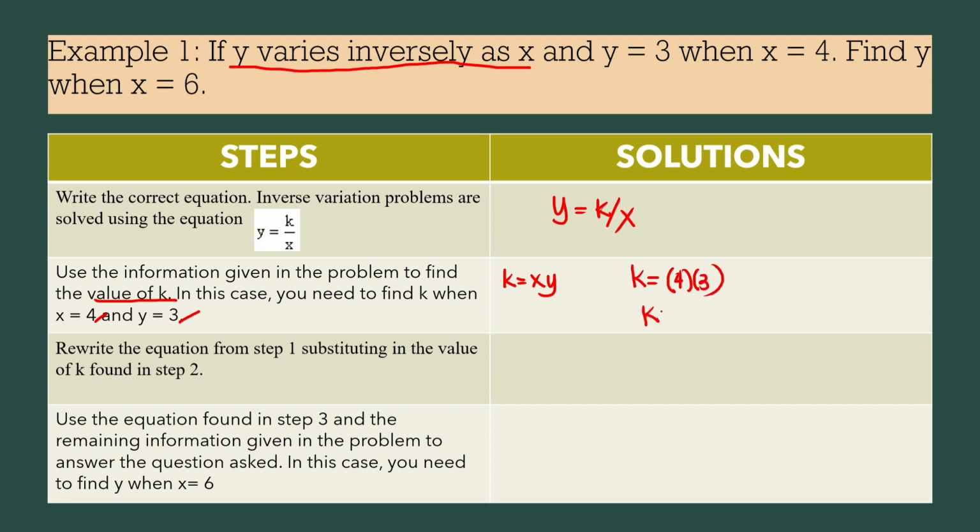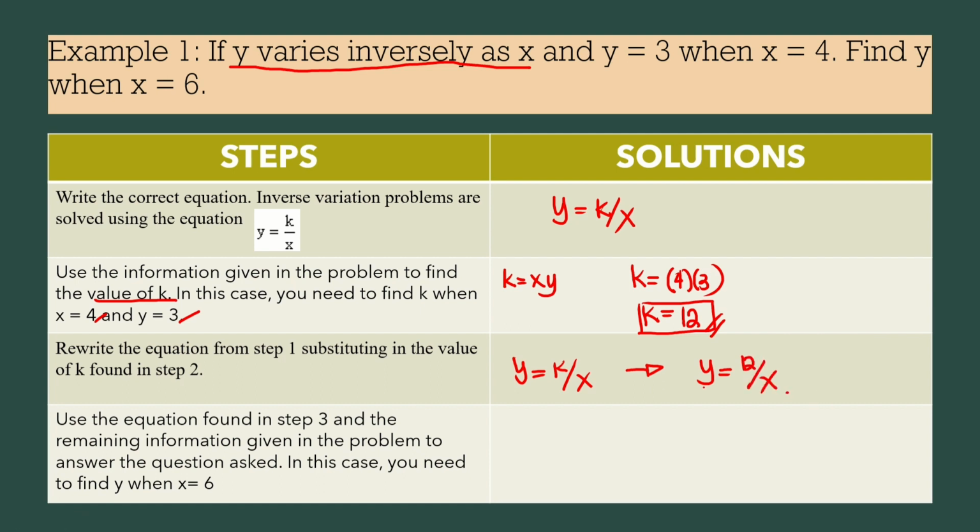So the value of our k, or the constant of variation, is 12. Next, we're going to rewrite the equation. From the original equation, y is equal to k all over x, we simply plug in the value of our k so that we will now have the equation of variation. That's y is equal to 12 all over x.